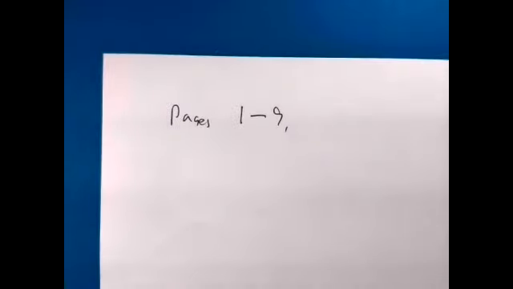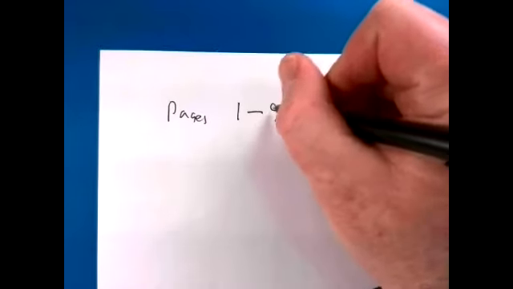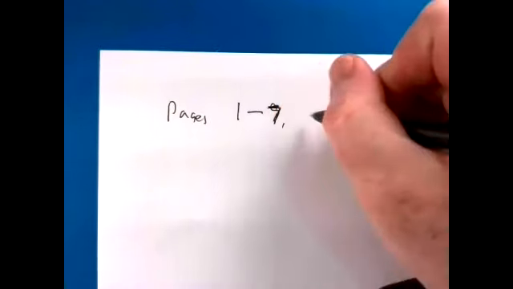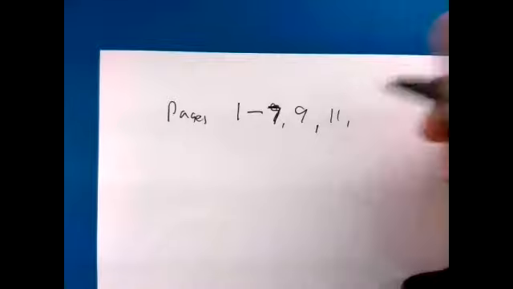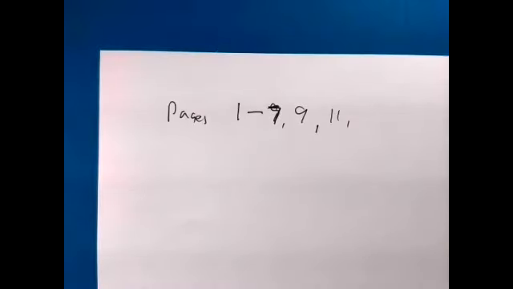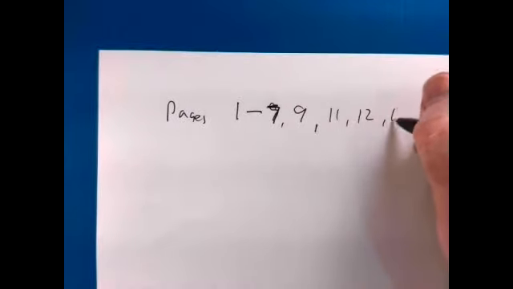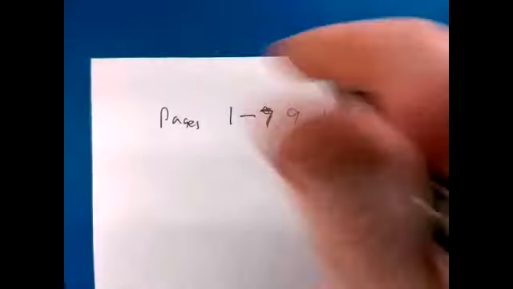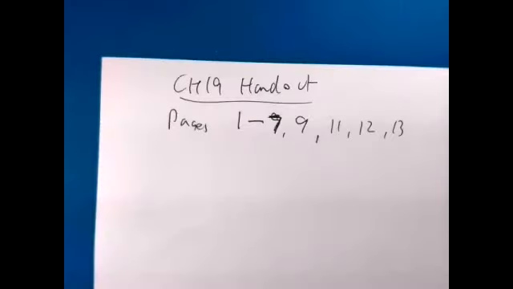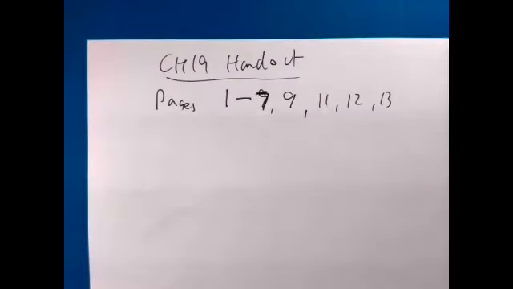Let me check the old packet here. So this is the chapter 19 handout, pages 1 through 7, 9, 11, 12, and 13.